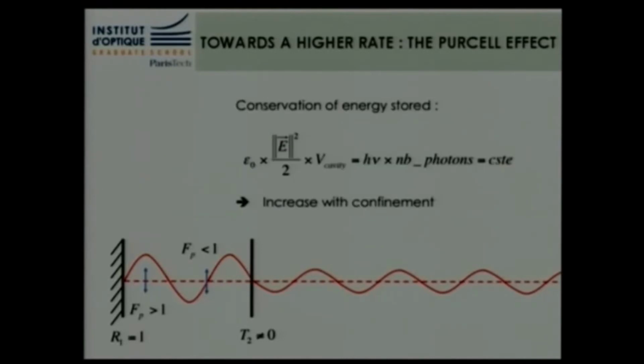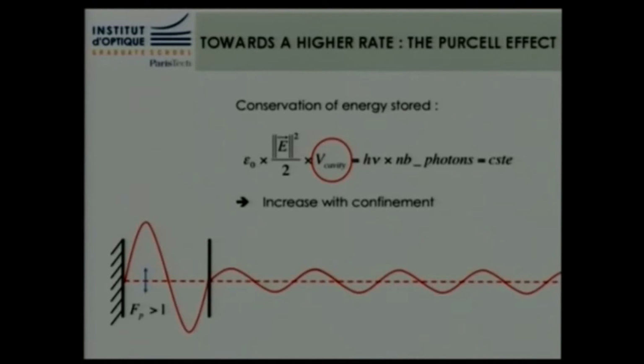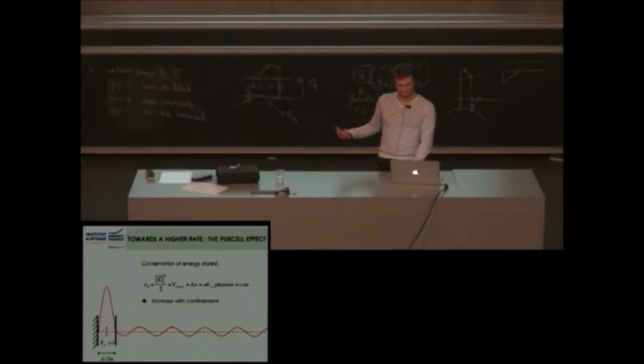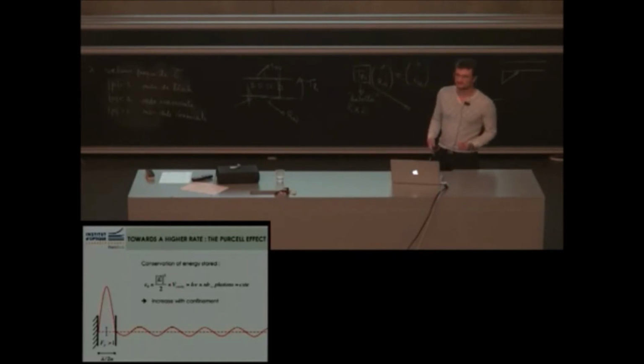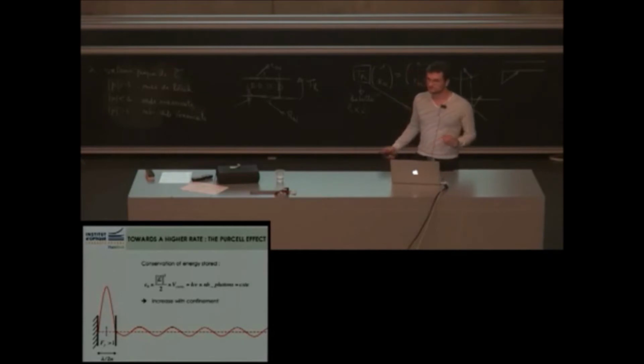Then by conservation of the energy stored, by reducing the volume of the cavity, one can increase the electric field. And so an increase with the confinement will result in an increase of the emitted power. But there's a limit to this confinement, which is given by the existence of a standing wave, which is half the wavelength.